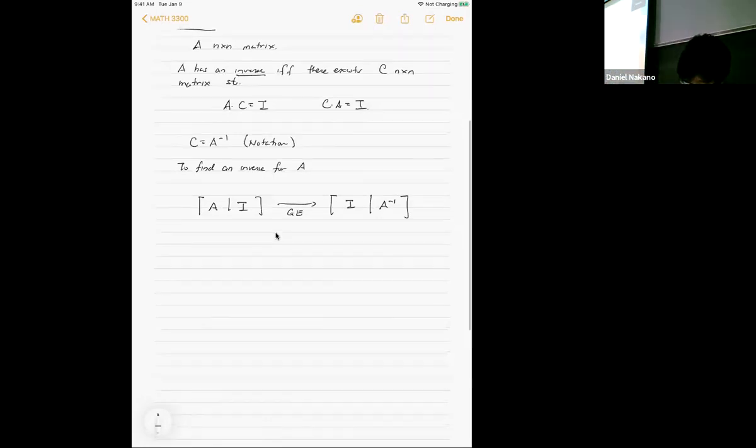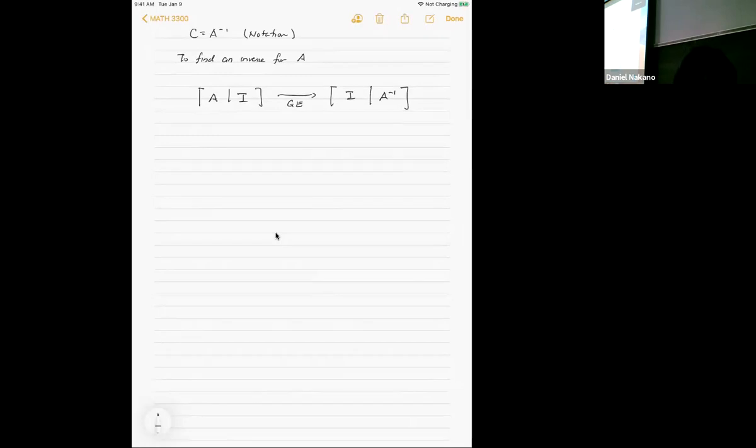Okay, so let's do an example. The problem is to find A inverse where A is the following matrix.